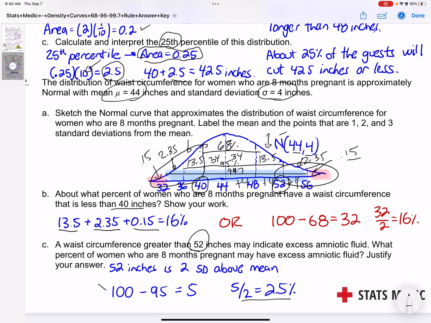Or the way the publisher showed it is 100 minus 95, because this is already at 2 standard deviations, and 2 standard deviations is 95%. So the outside is 2.5% on each side. If 95% is in the middle, I'll have 2.5 here and 2.5 here. That's the other way to get it.